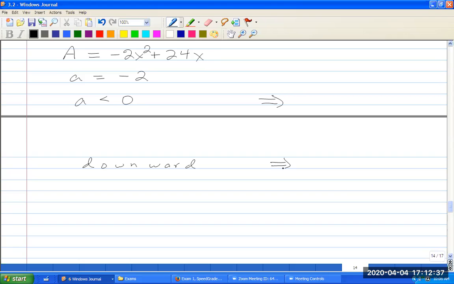Since the parabola points downward, we have a maximum, and it occurs at the vertex. Good, just like before.